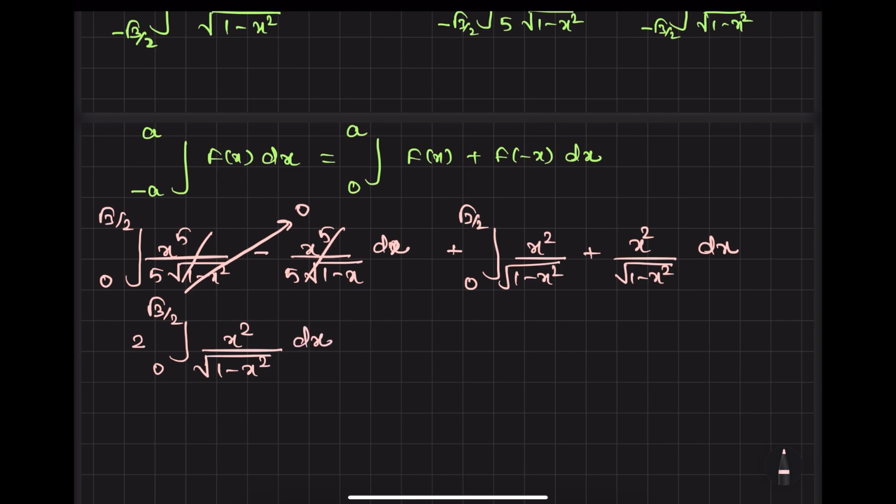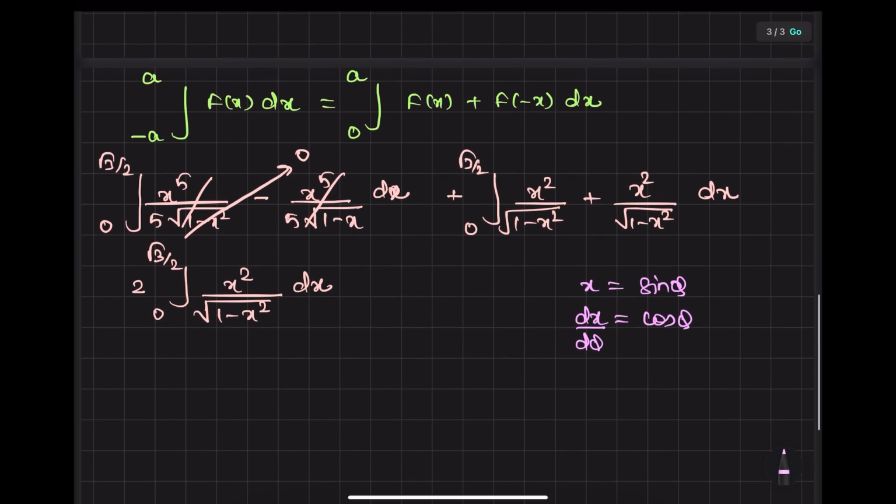Now try to simplify this function. I feel that we should go with substitution. I want to take x as sine theta. So dx by d theta will become cos theta. Why am I telling you this? You will understand.